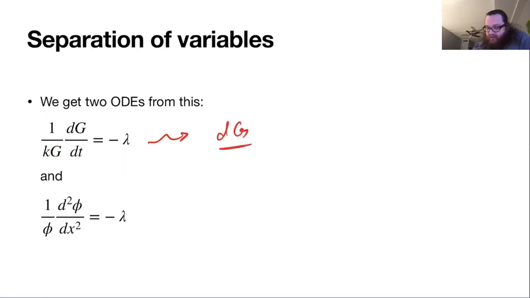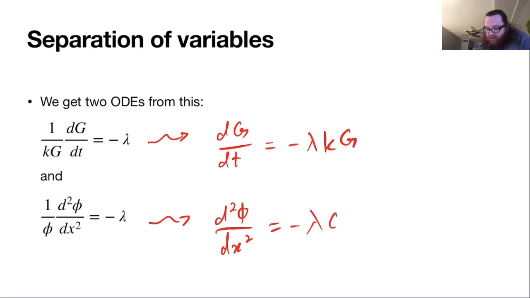So then this becomes dg dt is equal to minus lambda kg. Same thing down here, move this phi to the other side. We get d squared phi dx squared is minus lambda phi.